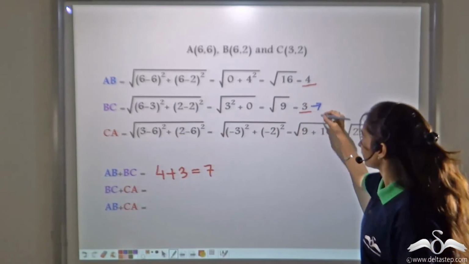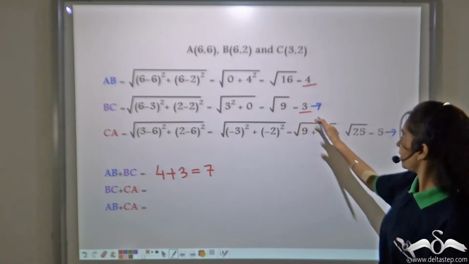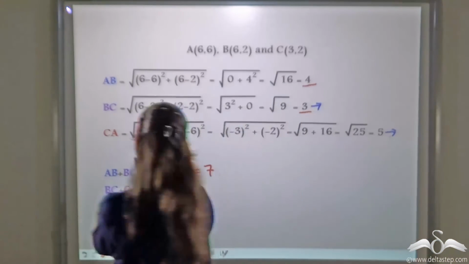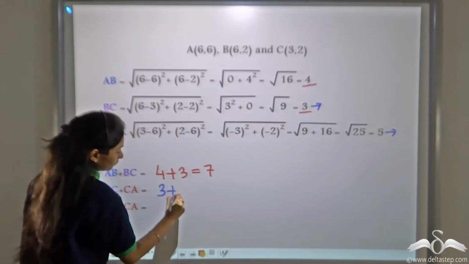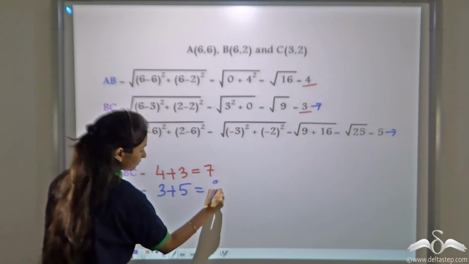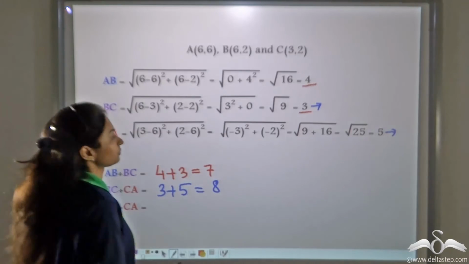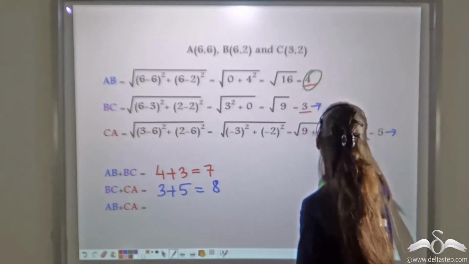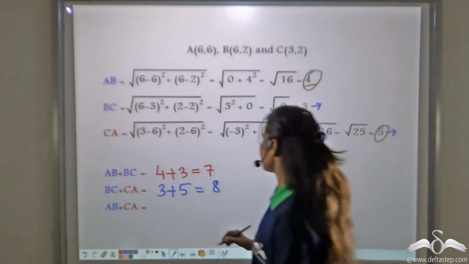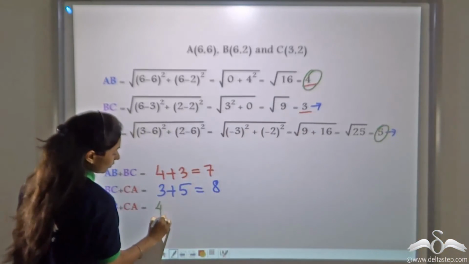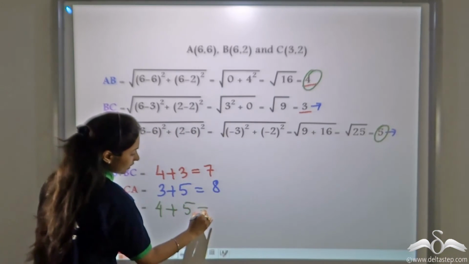Now what about BC plus CA? This is BC and this is CA. So 3 plus 5, which gives us 8. And what about AB plus CA? Well, this is AB and this is CA. So 4 plus 5, which gives us 9.